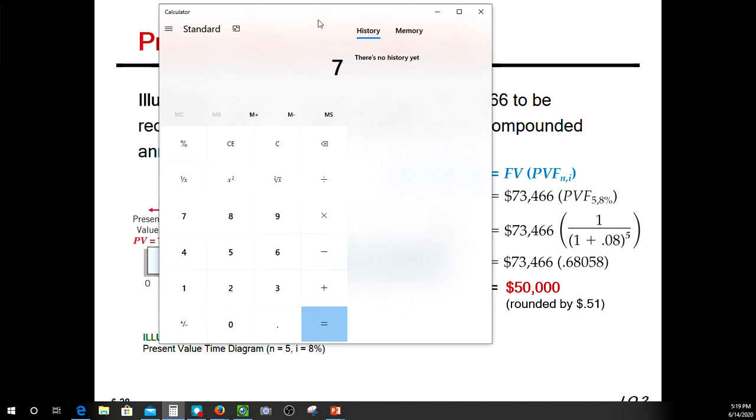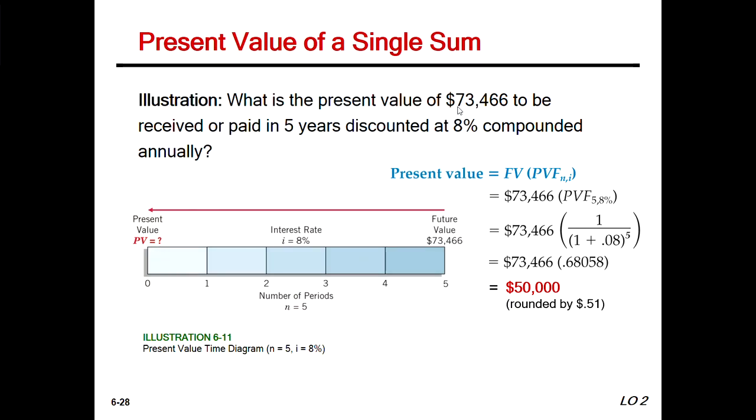We'll take 73,466 times 0.68058, which is 49,999.49. So that means if we want $73,466 in 5 years and we can get 8% compounded annually, we have to put away right now $50,000 in order to get that.